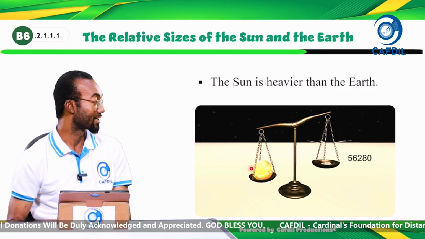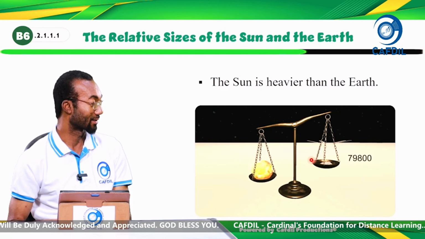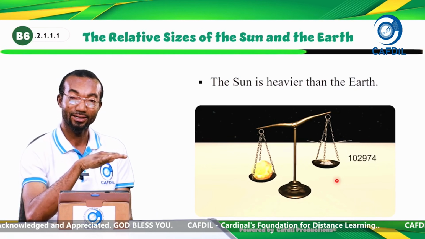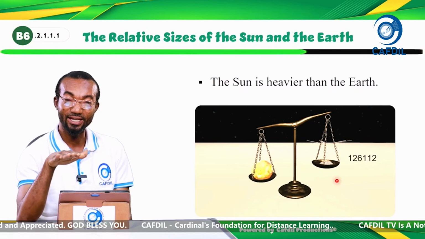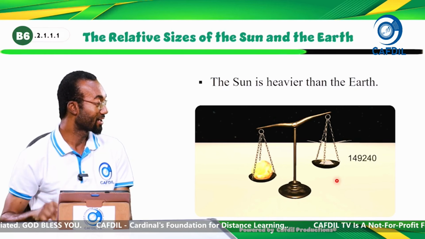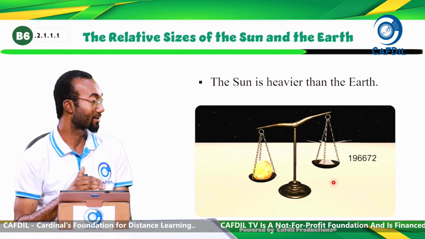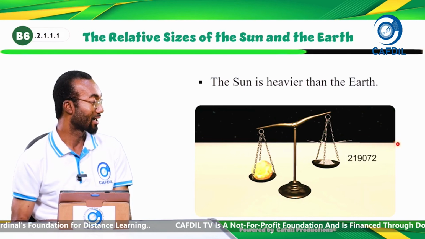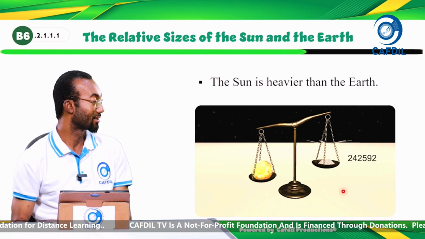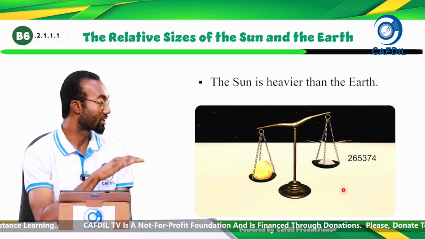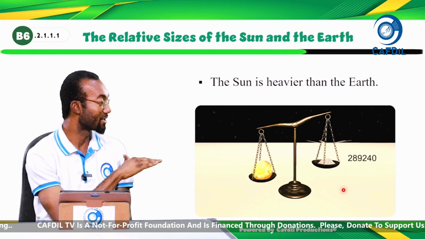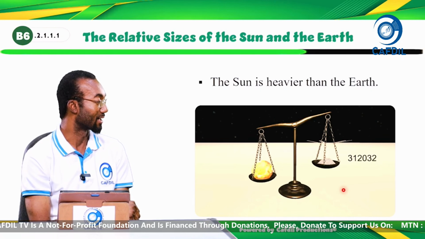The sun is heavier than the earth, and we want the earth and the sun to be of the same weight. So we are filling this beam balance with earth sizes. We are counting how many earths, when we put them inside this beam balance, will have the same weight as the sun.